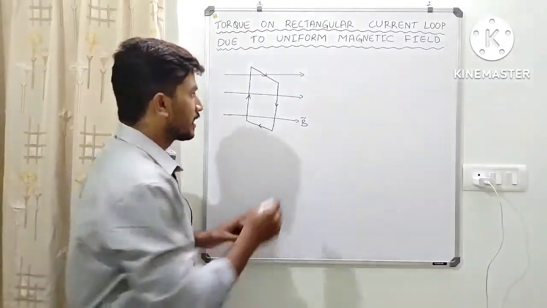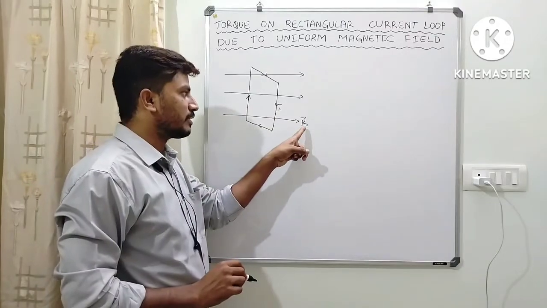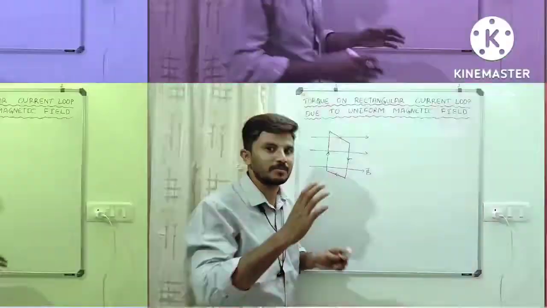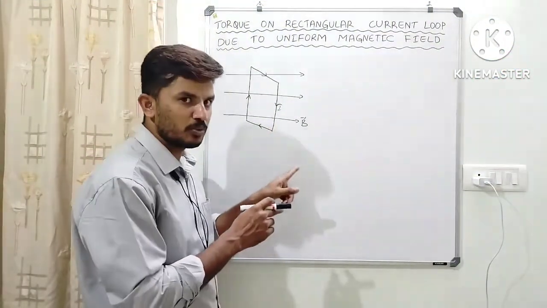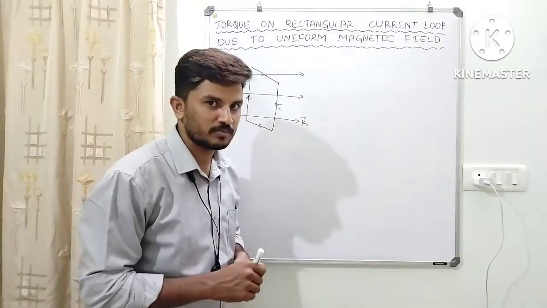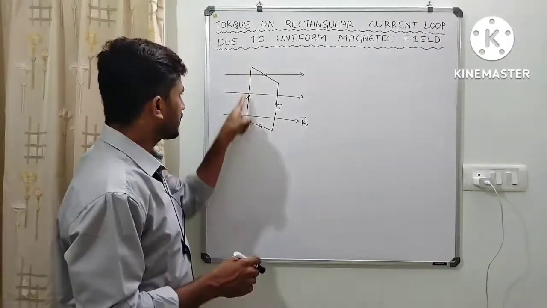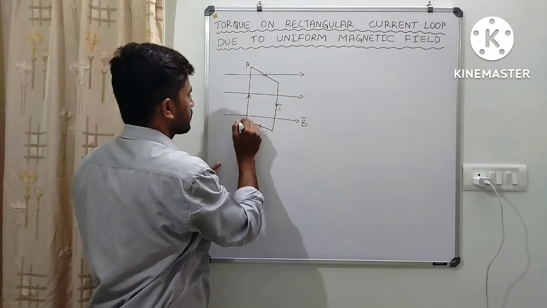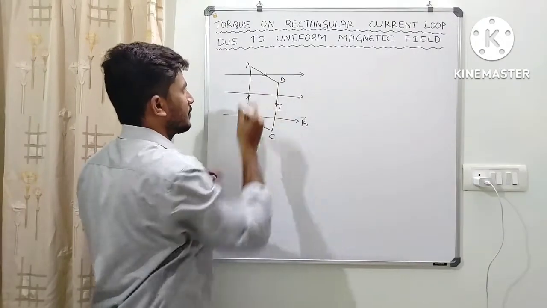If the current loop carrying current is placed in a magnetic field, in which direction should it experience force? Let me explain. Here we have a current carrying rectangular loop with sides AB, BC, CD and DA.